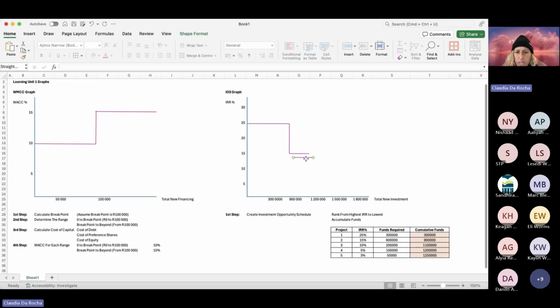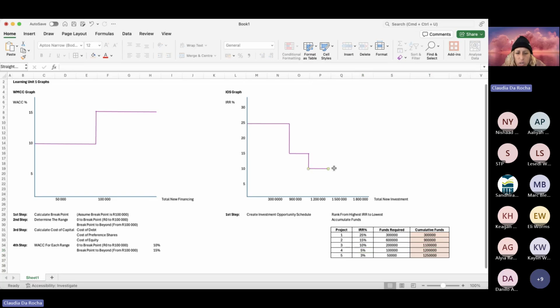So I'm going to okay, and then we have the second last one, which is 5%, and it's at the 1,200 Rand mark.